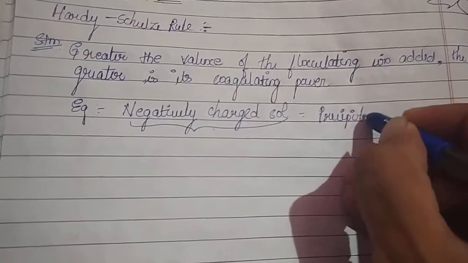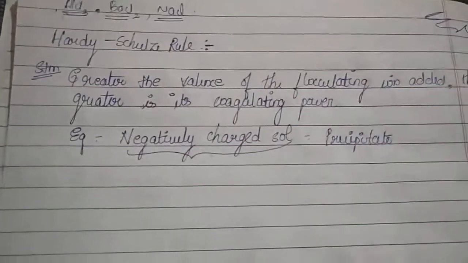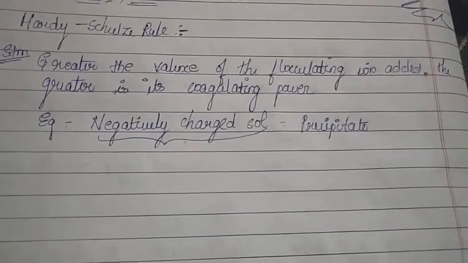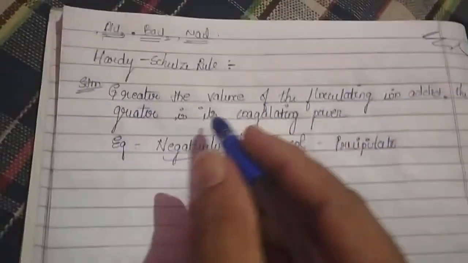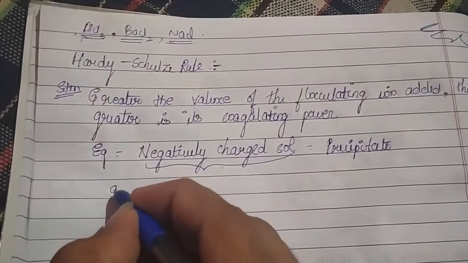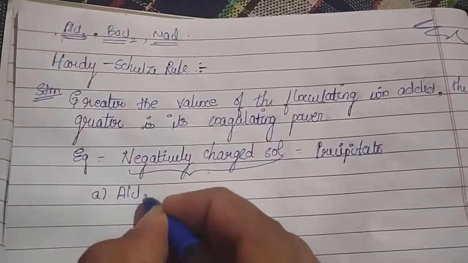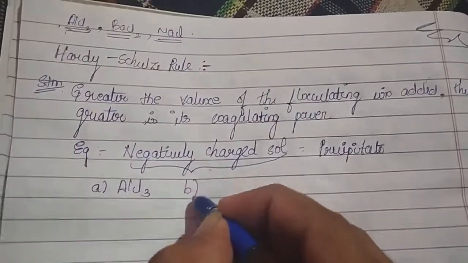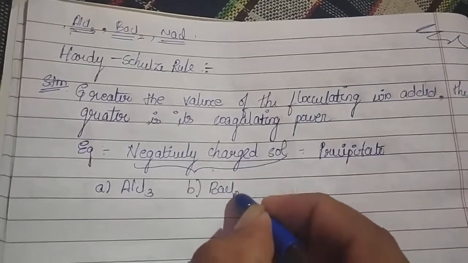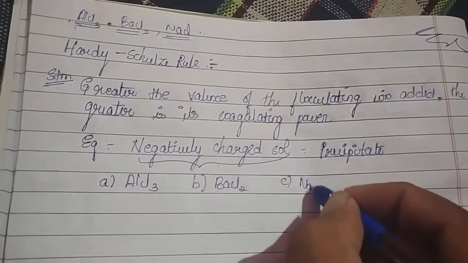Of course, one method I know is the addition of an electrolyte. But the task is not so simple. As I mentioned earlier, you have been given three electrolytes: aluminium trichloride, barium chloride, and sodium chloride.